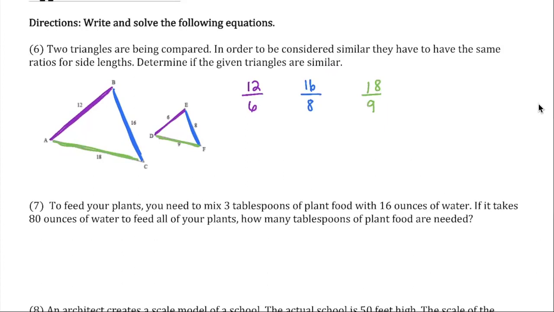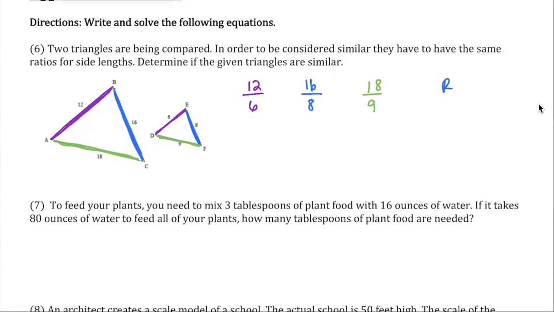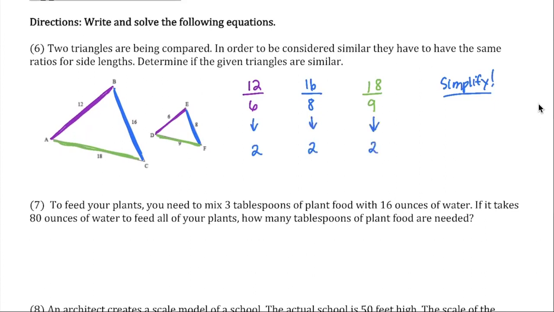Now, all of these right now, they don't look like they have the same ratio, but we have to remember to simplify. If I simplify all these, 12 divided by 6 is 2. 16 divided by 8 is 2. 18 divided by 9 is 2. Since all of the ratios here are the same, we are going to say yes, the triangles are similar.